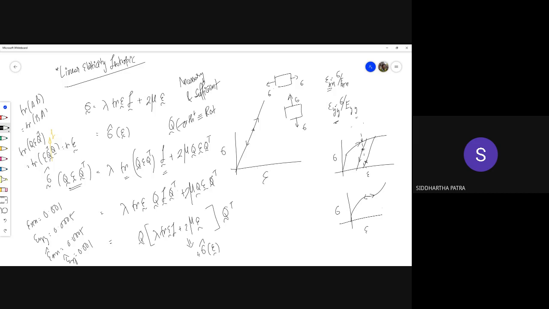So the stress also simply gets rotated. So to get the stress for a rotated strain tensor, you get the stress for the current strain tensor and rotate it. And this is what is isotropy.